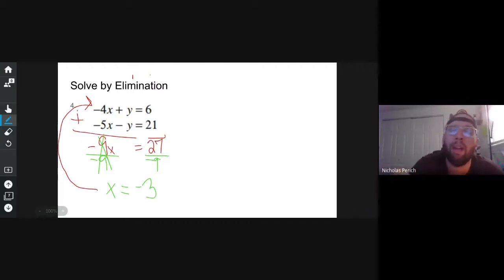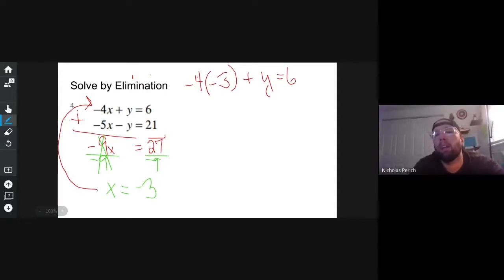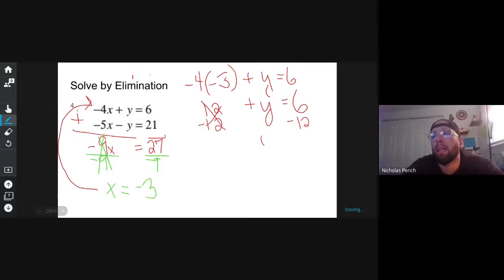So I rewrite the top equation as negative 4 times negative 3 plus y equals 6. It becomes positive 12, and y drops down, and you subtract 12 from both sides. And y equals 6 minus 12, which is negative 6.